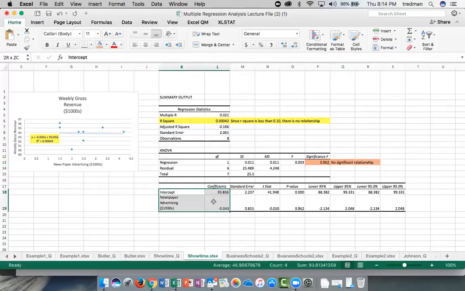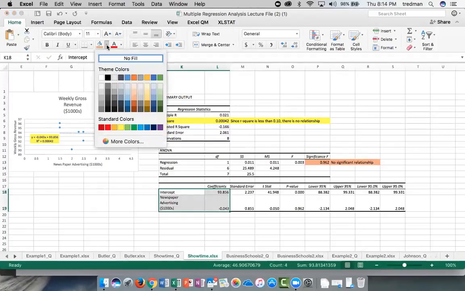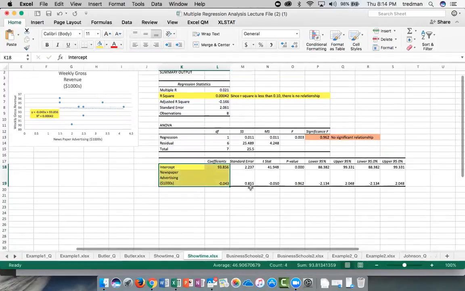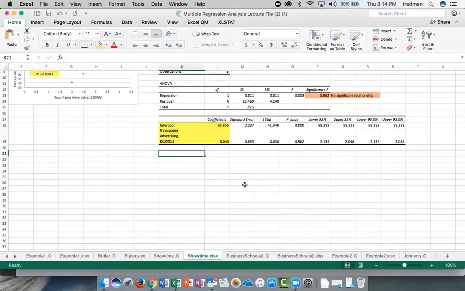And just to write down the estimated regression equation here, I'll just say revenue is equal to the intercept, which is 93.856, minus 0.043 times newspaper advertising.